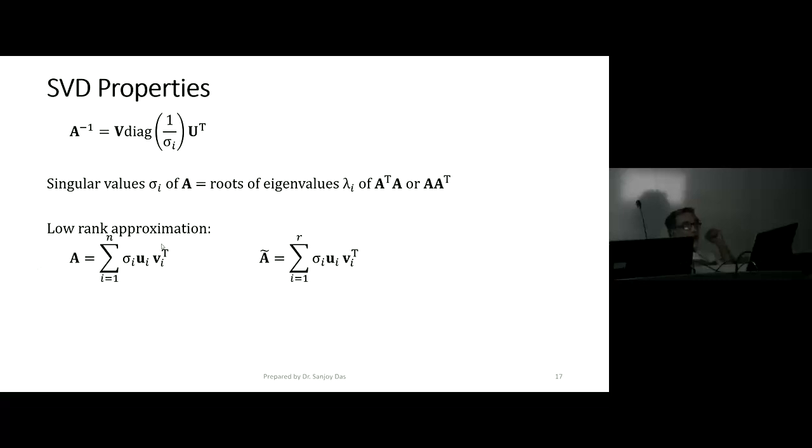Low rank approximation. This is, I should have made it uppercase N. So this is A equals to this. What I do is I only take the first R terms, and then I get the reduced rank or low rank approximation of A. That's A tilde.